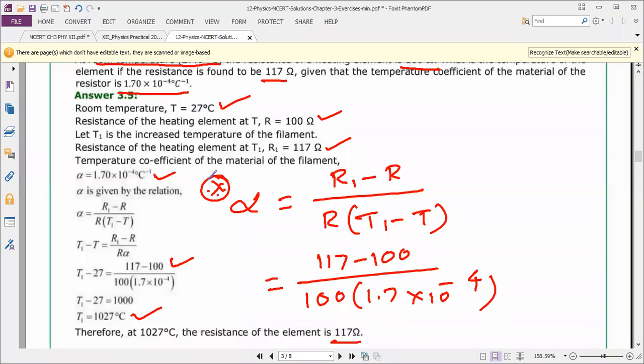Check whether the answer is correct or wrong. Completed? Okay, very good.